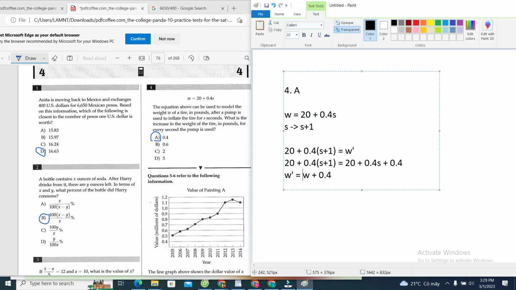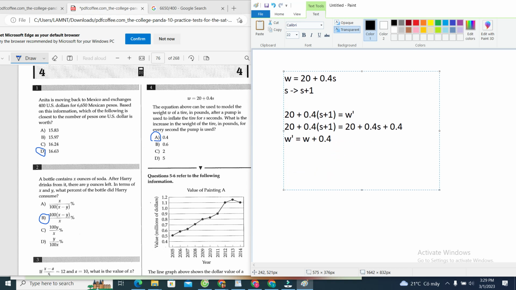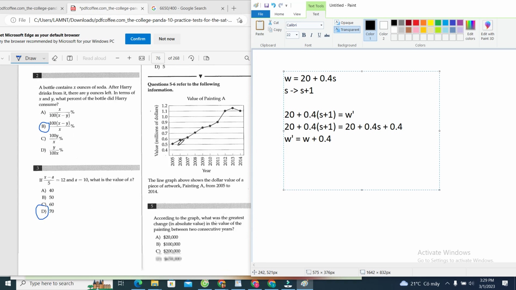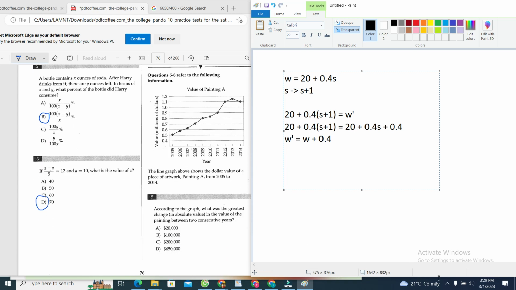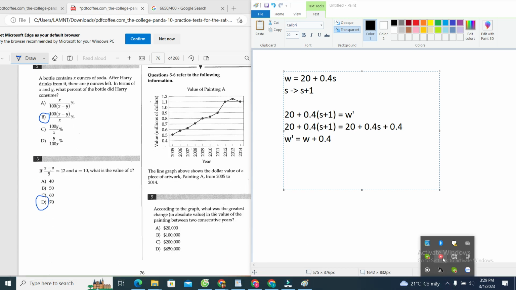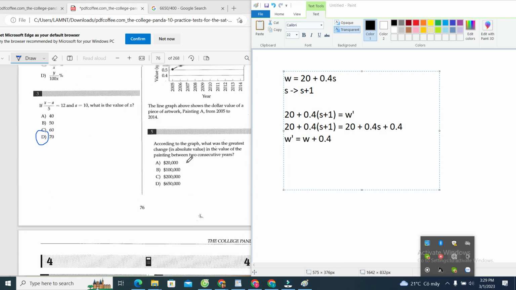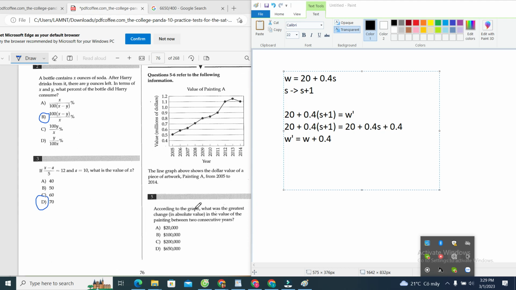Okay, let's do 5 and 6. So 5 and 6 refer to the following information. According to the graph, what is the greatest change in absolute value in the value of the painting between 2 consecutive years?